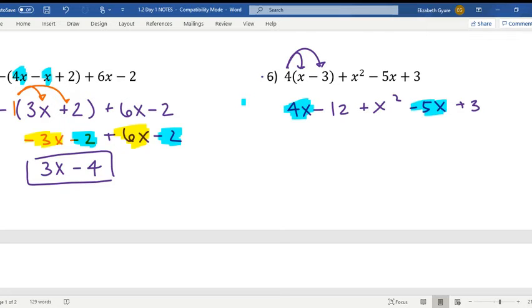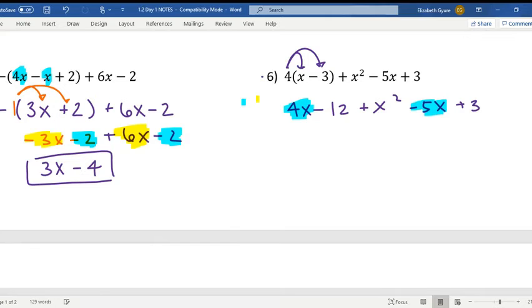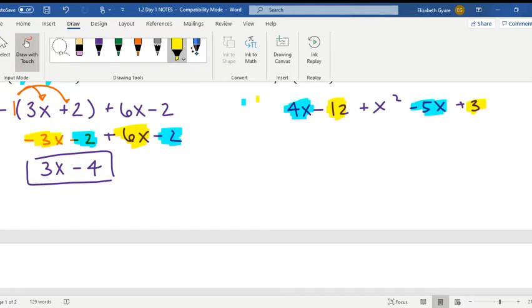Kaysen, where else do you see some like terms? Yep, the -12 and the 3. And then the x squared, what are you doing? Just put it down. There you go. Okay, so the x squared is just by itself. There's no one else to combine with the x squared.